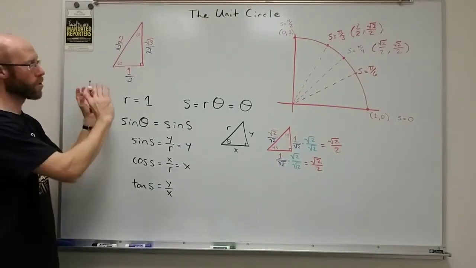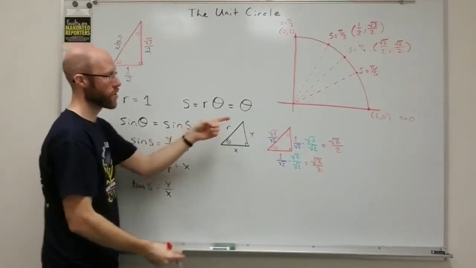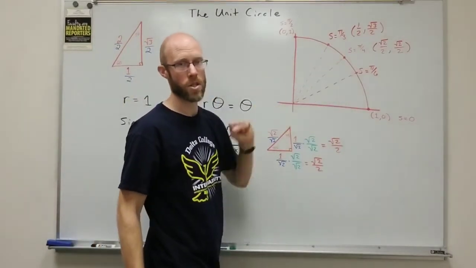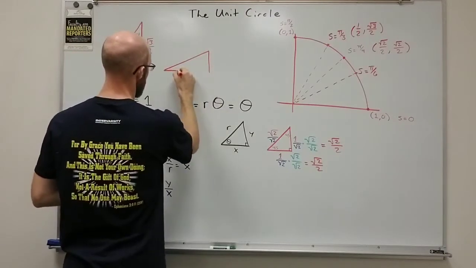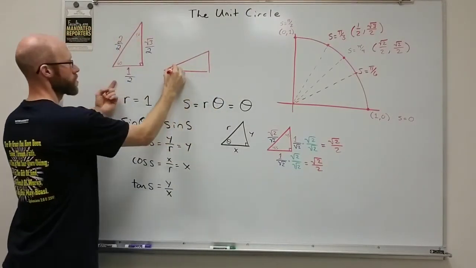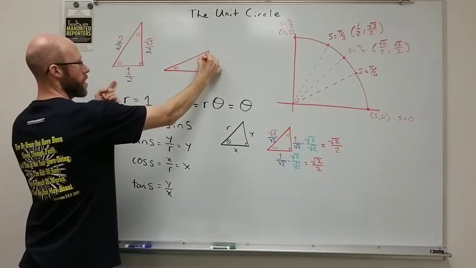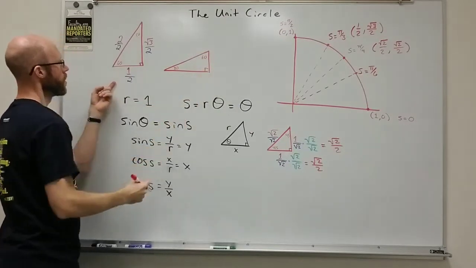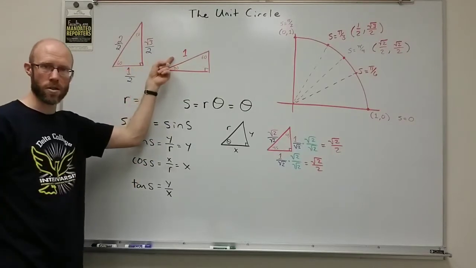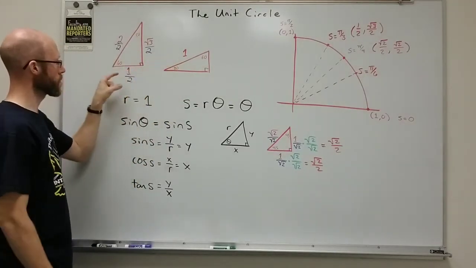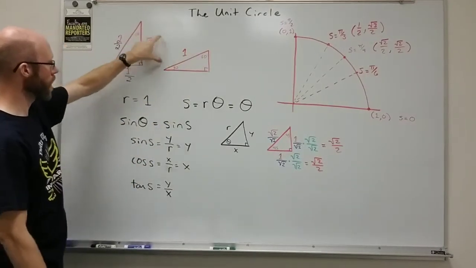Now if we rotate this triangle around so that we're looking at a 30 degree or pi over 6 angle, or arc length in this case, well, all you really are doing is, if you put the 30 degree on the bottom right now, we still have, I'm going to rewrite this with the scale factor simplified, a radius of 1, the x becomes the y and the y becomes the x.